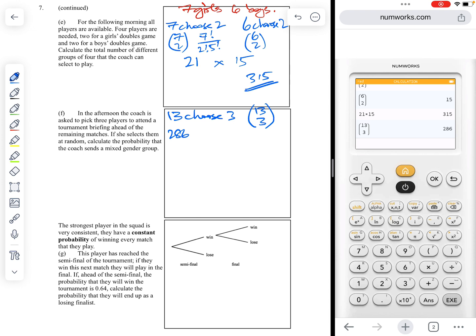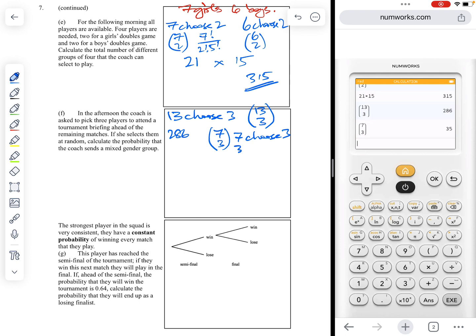Let's see how many groups of 3 we could have that are all girls. So how many ways can you pick 3 girls? It's going to be 7 from the girls, choose 3. So combinations from the Toolbox, 7, come down 1, 3.